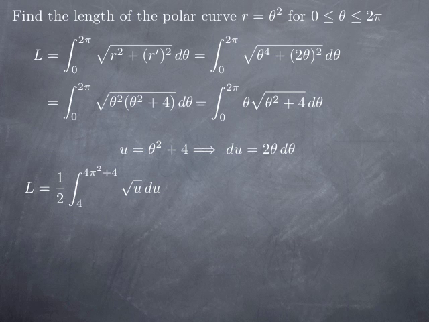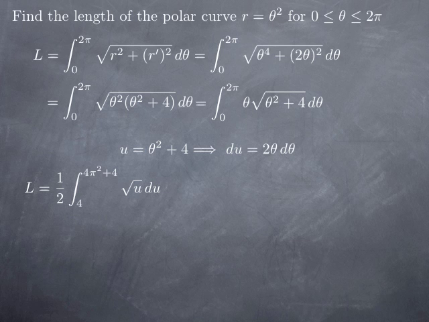So we end up with 1/2 integral of the root of u du. And for the bounds of integration, because we used substitution for a definite integral, we have to change the bounds. Specifically, when theta is 0, u is 4, and when theta is 2 pi, u is 4 pi squared plus 4.